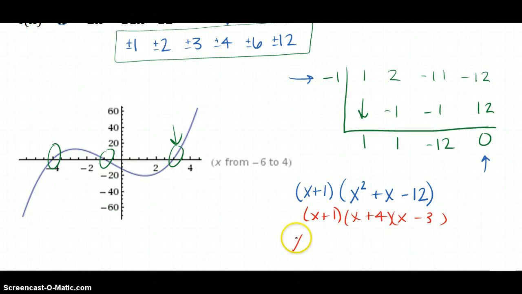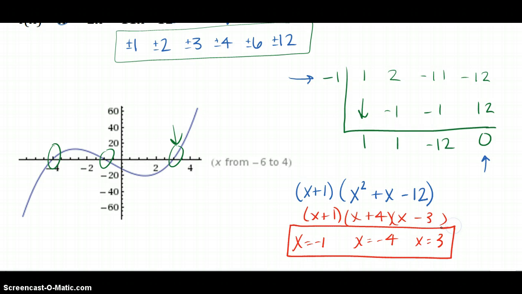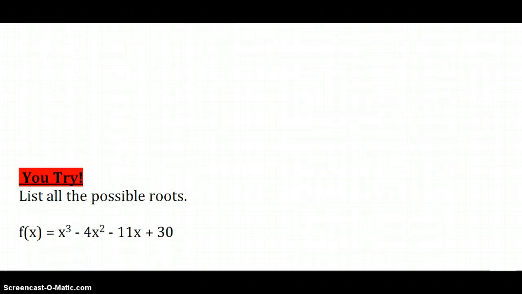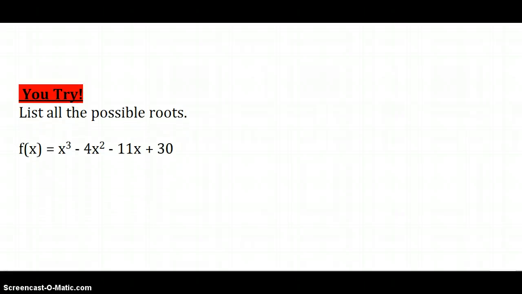We already know that's going to be negative 1. Here, if we set these equal to 0, we get negative 4 and 3. So these are the zeros of our polynomial, which we can see in the graph. So what I want you to do is for this polynomial, list all the possible roots.